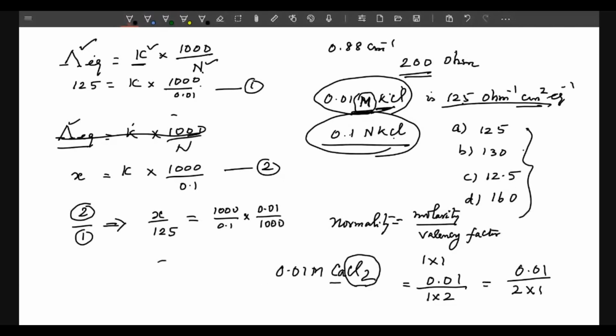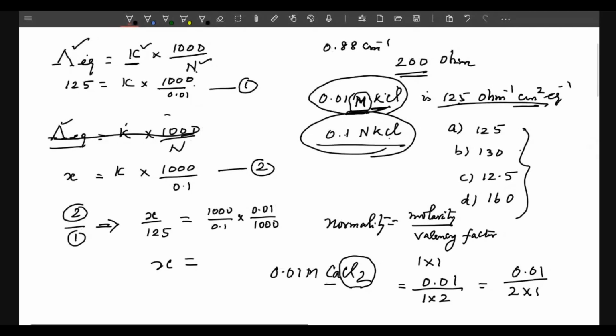What is the value of x? You can arrange this. Therefore, whenever two concentrations are given and you are expected to find the unknown, you can make use of this type of calculation. It would be very, very easy.